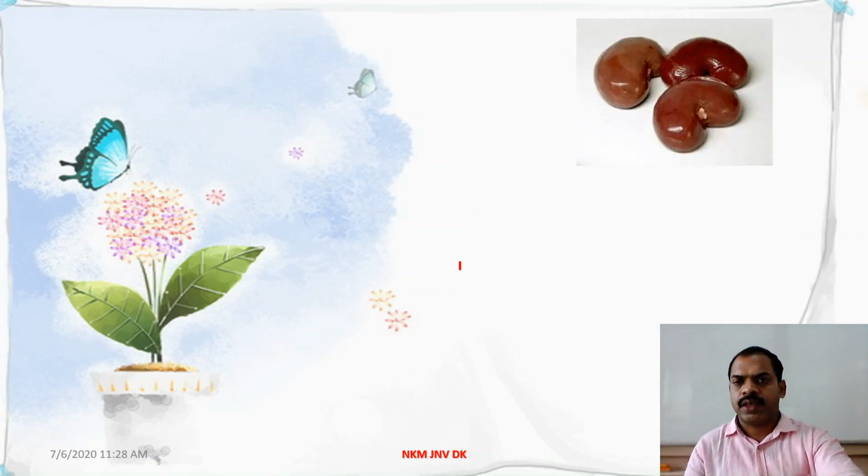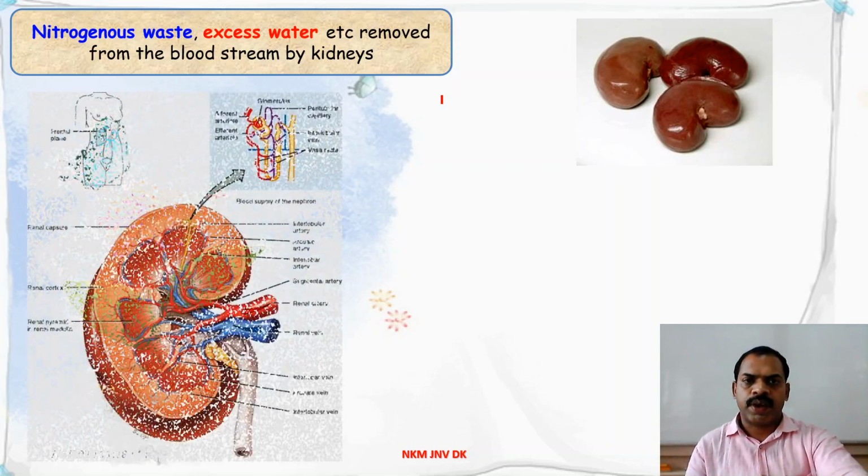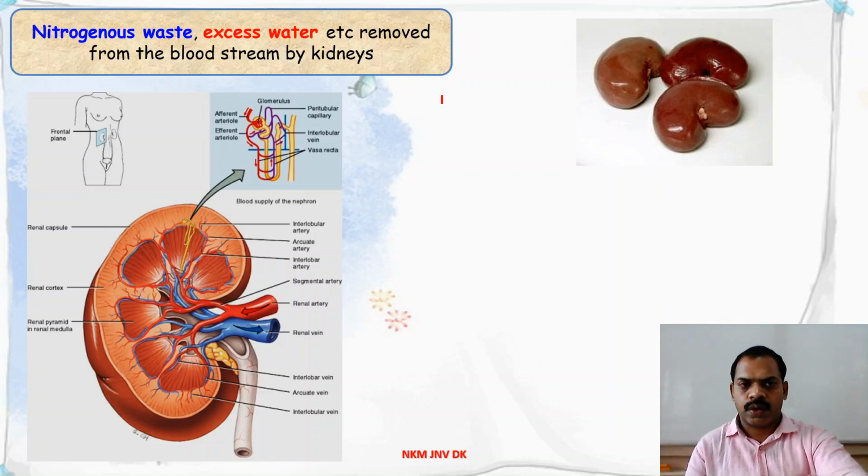Now the human kidney appears like a bean. What are the kidney structures? Their main function is to remove the nitrogenous waste and excess water. I told you already, from the bloodstream they will remove. Here you can see the cross section of the human kidney.